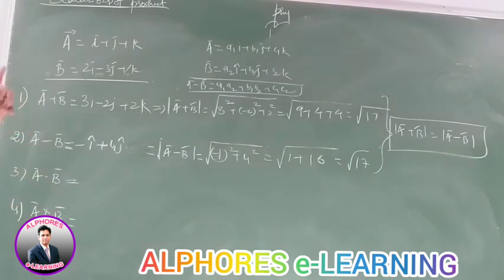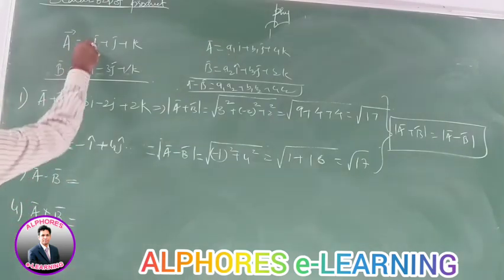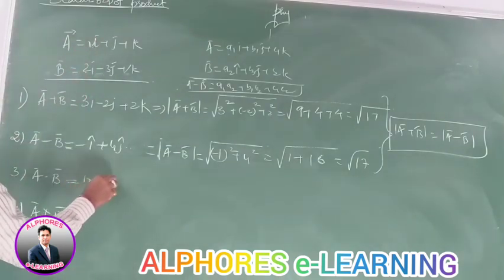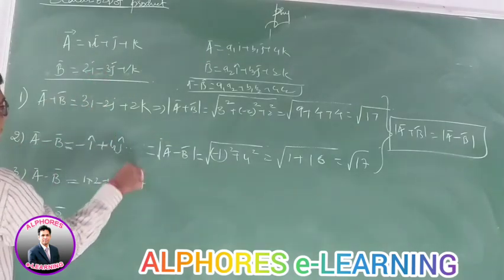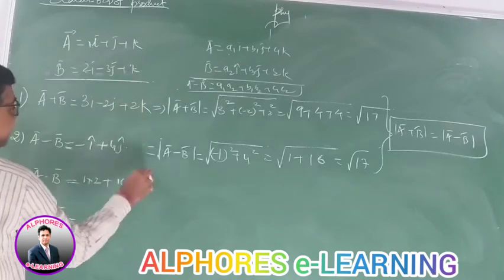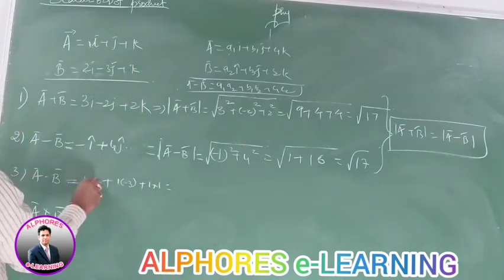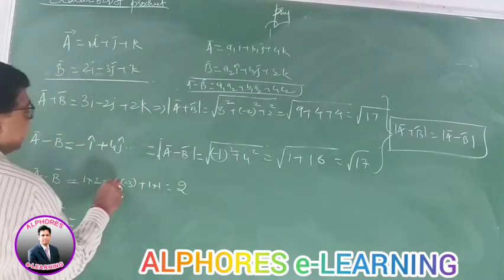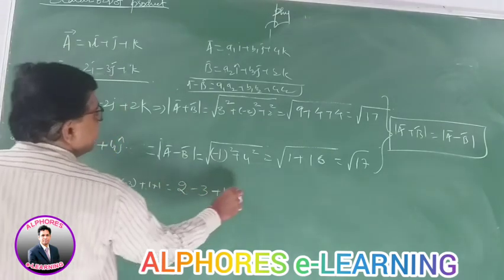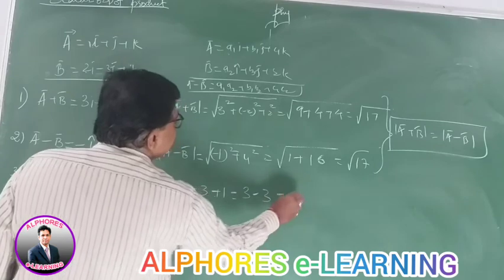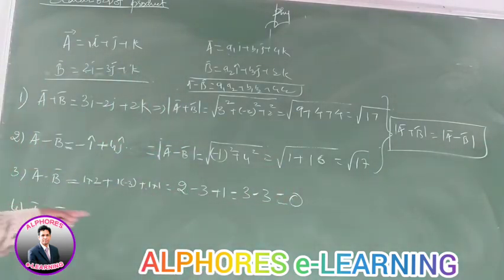By that, it is 1 into 2 plus 1 into minus 3 plus 1 into 1. So 2, minus 3, plus 1, which gives 0. So the dot product of the two vectors is 0.